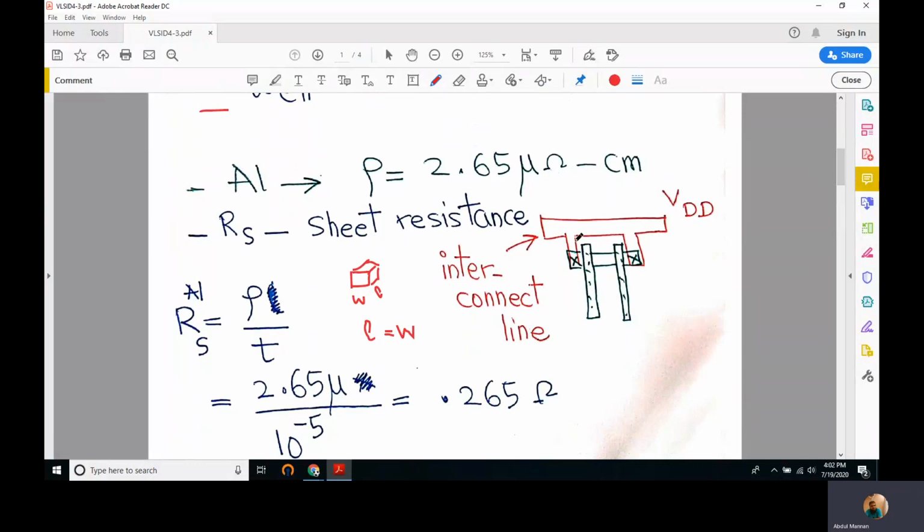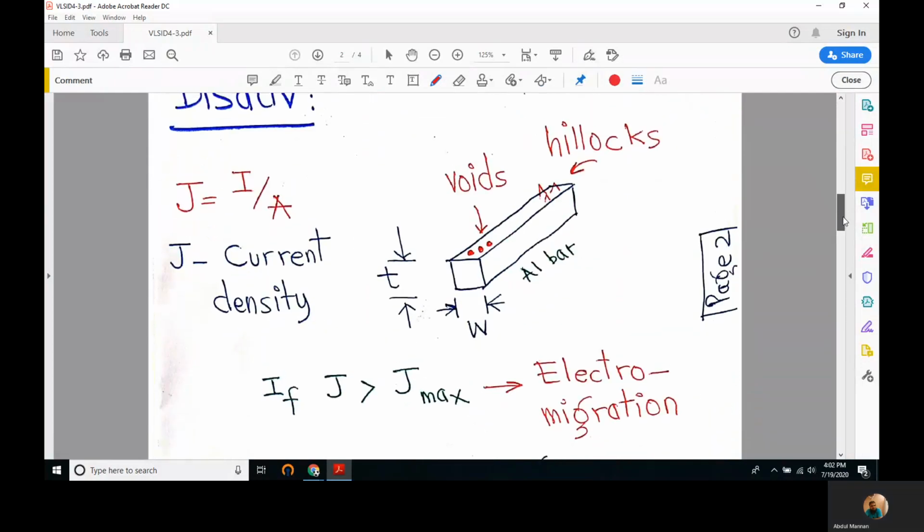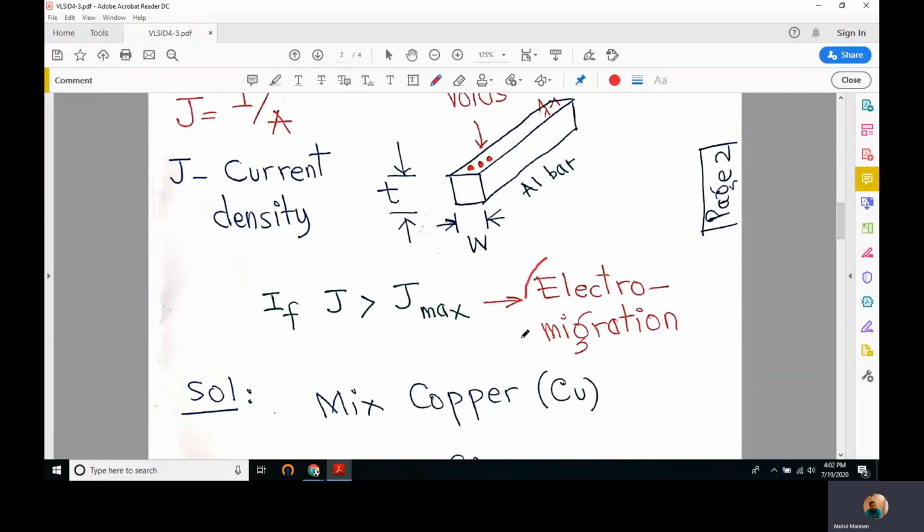For example, in this layout, if you want to connect these two terminals with VDD, this red line that we use is the interconnect line. But aluminium has some disadvantages, and perhaps the biggest disadvantage of aluminium is electromigration. Electromigration occurs when J crosses J max. What is J?